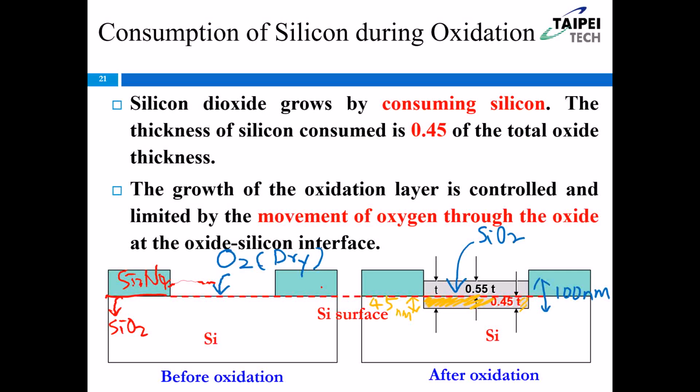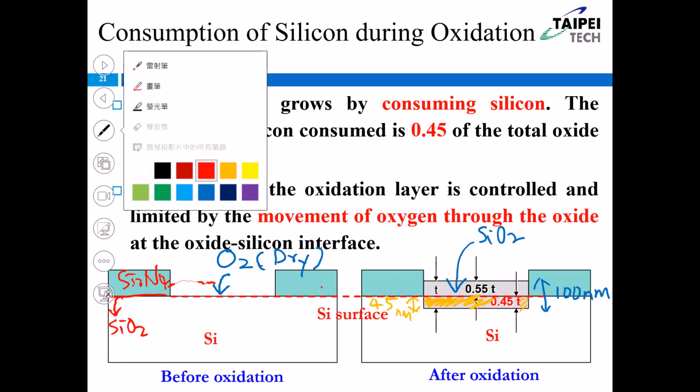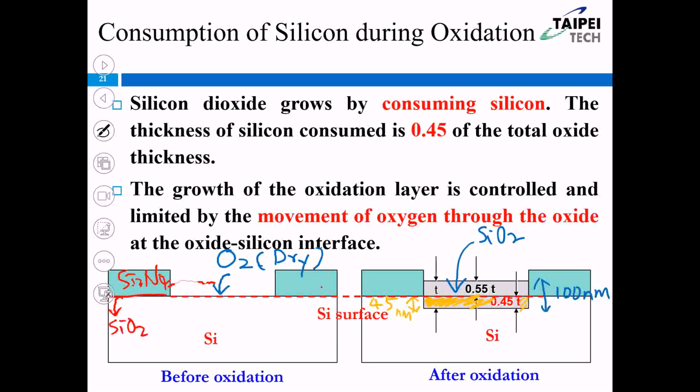And the oxygen atom not only goes down to react with the silicon, oxygen will also go to the right side and to the left-hand side, because on the right side we also have the silicon. Here, we also have the silicon surface, right?